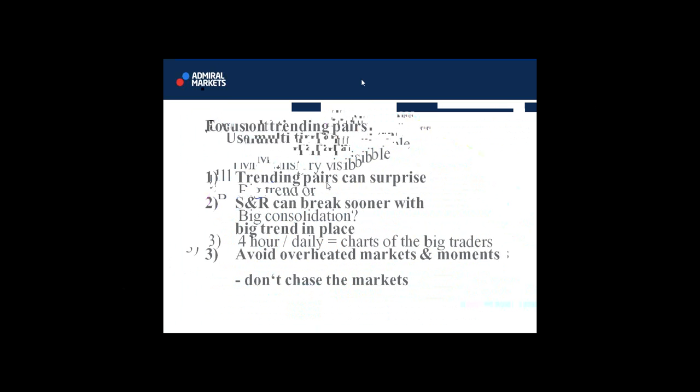Then I mentioned it already, so I'll try to make it quick, but trending pairs obviously have the advantage that they move a lot. They can surprise traders, so selecting these makes sense because they often go further. Now, that all depends, of course, on how you trade. If you're trading intraday, maybe you cannot capitalize on very long moves as much as swing traders.